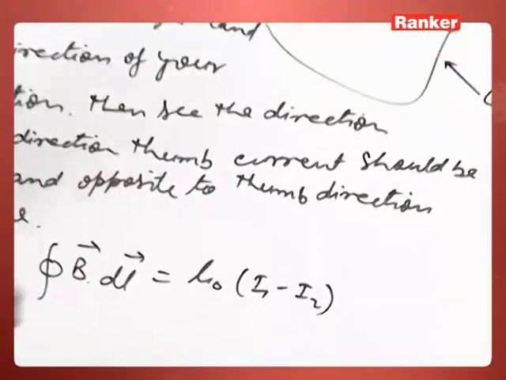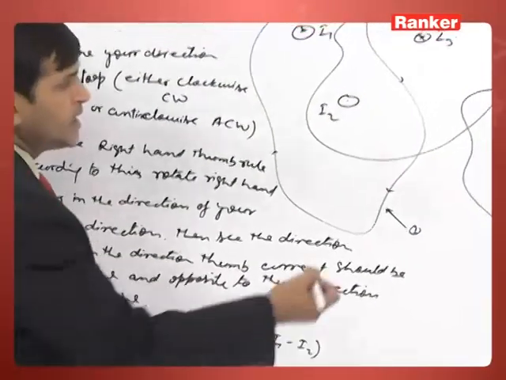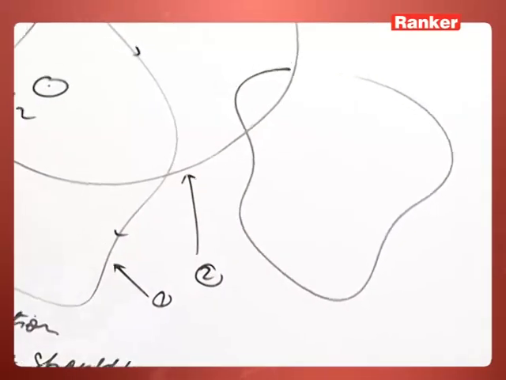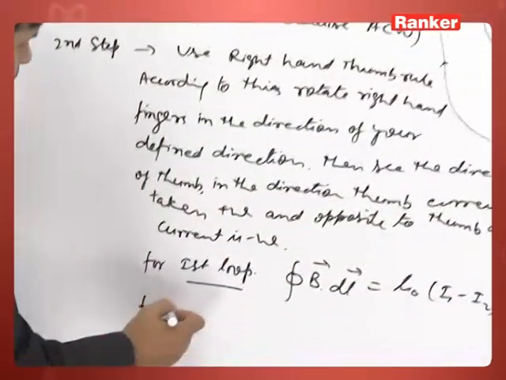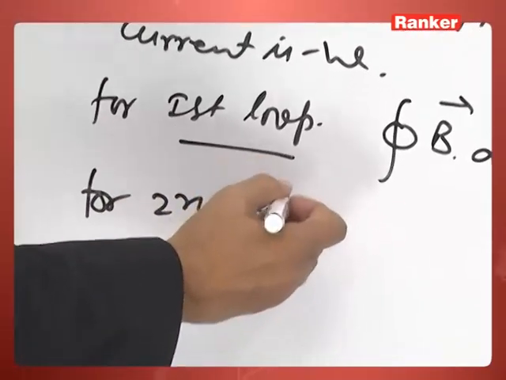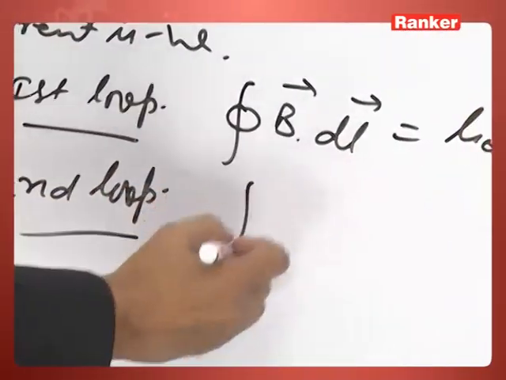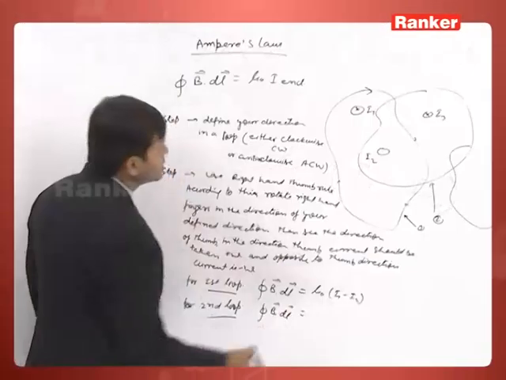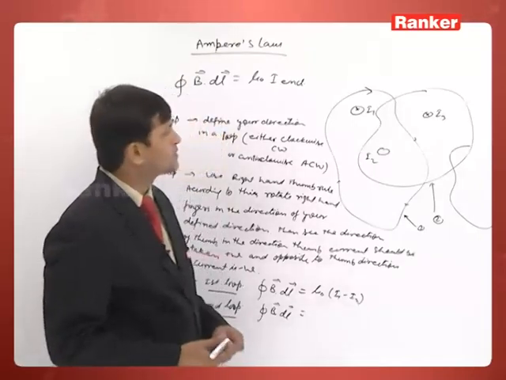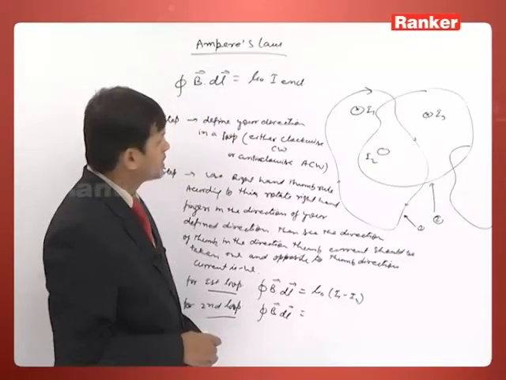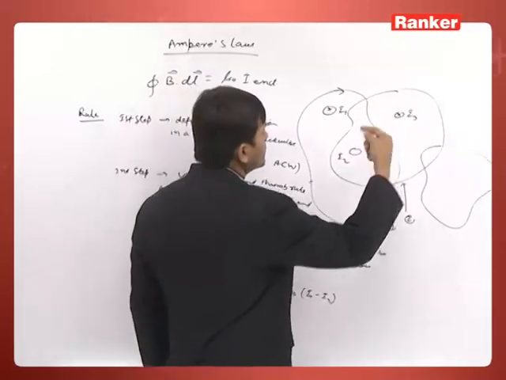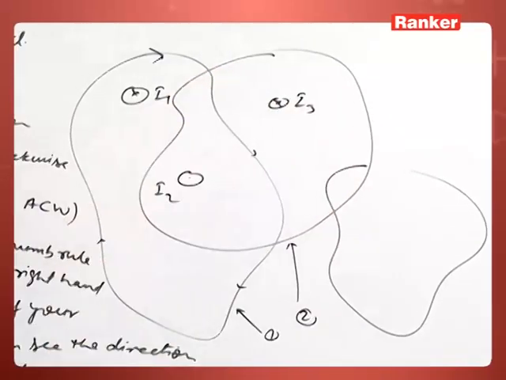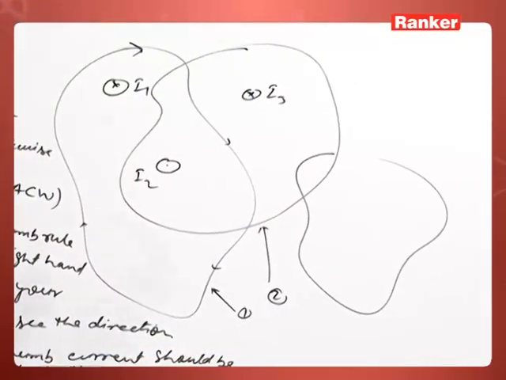This is the meaning of I enclosed. Similarly, let this be your second loop. For the second loop, we should first define our direction of motion, either clockwise or anti-clockwise. That depends on your wish.